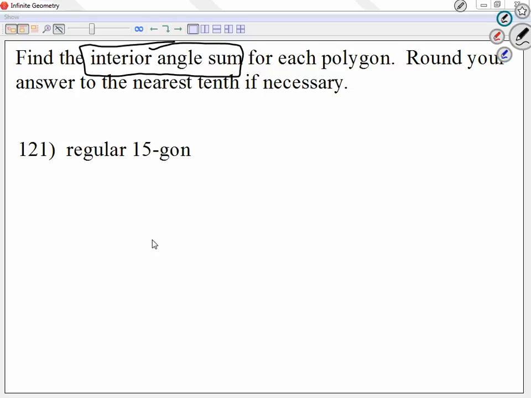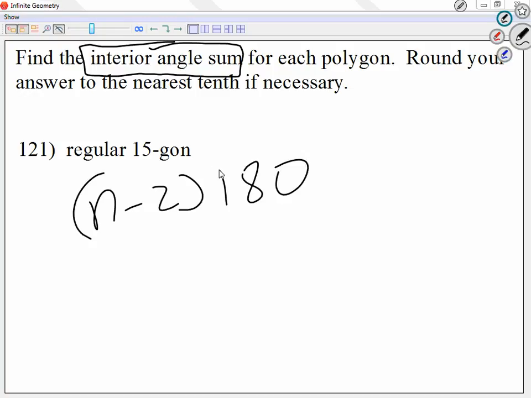Remember, for that we have a formula, n minus 2 times 180. Regular 15-gon, that means there's 15 sides. So to find out how much they all add up to, I'm going to go 13 times 180. Right, 13 because it's n minus 2.